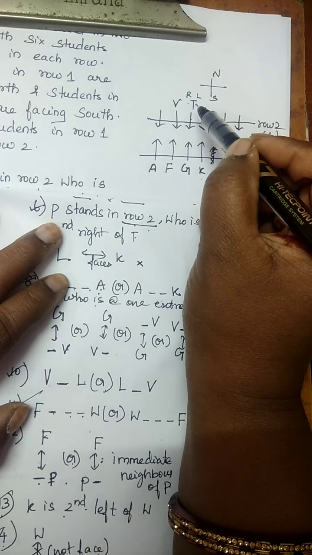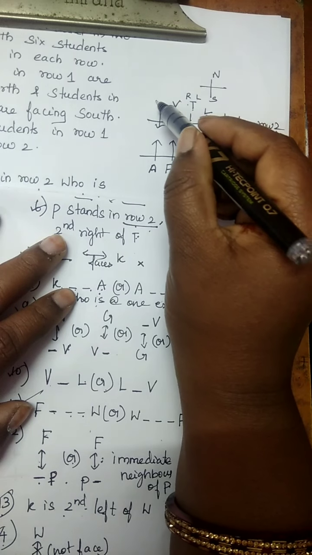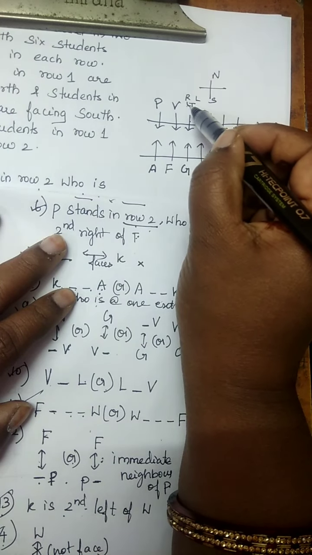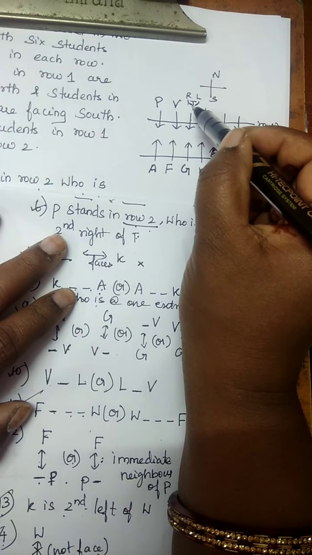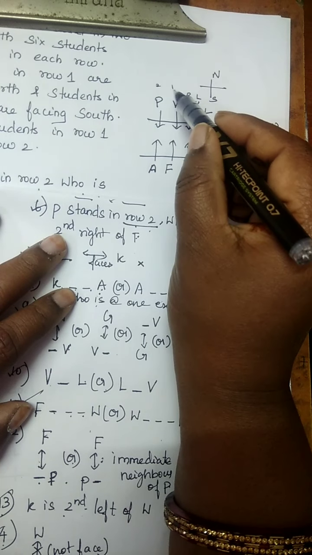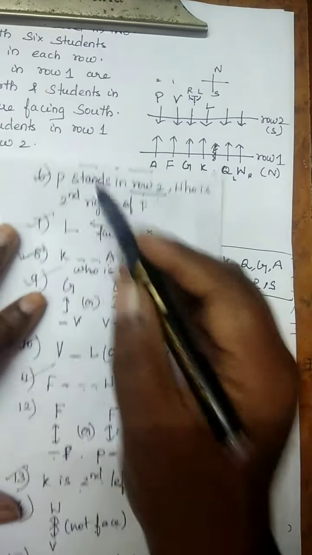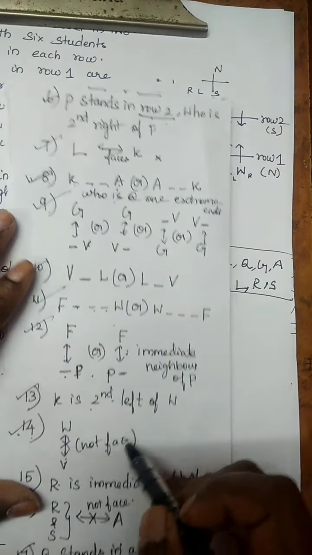P stands in row 2 who is second to the right of T. So P must be here. Am I right? This is T's right and this is T's left. P stands second to the right of T. 1, 2. Okay, done. This point also concluded and this point is also concluded.